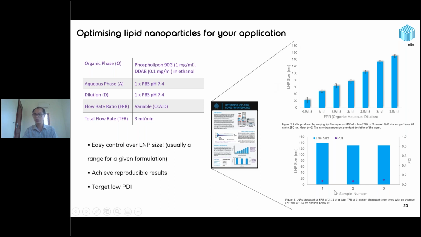The graph shows lipid nanoparticles produced at a fixed flow rate ratio of 3:1 at a total flow rate of 3 milliliter per minute, repeated 3 times, with an average lipid nanoparticle size of 134 nanometers and PDIs below 0.1. So it targets low PDI values.